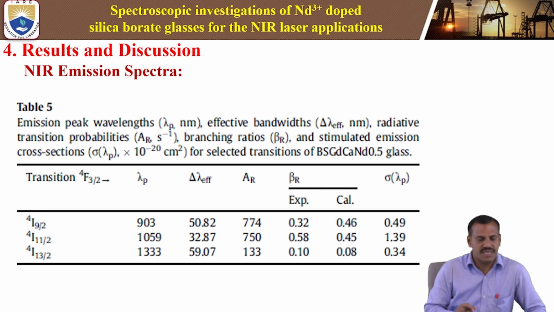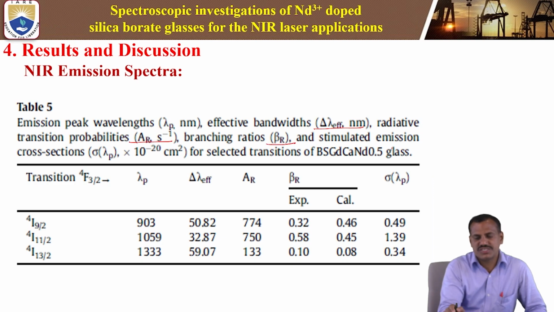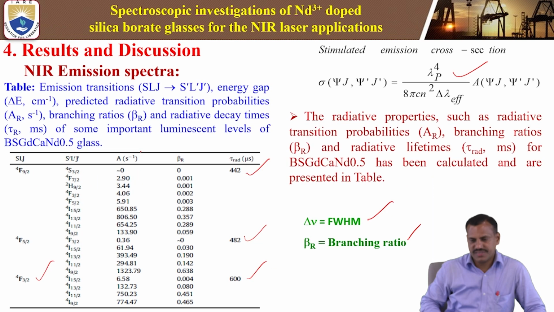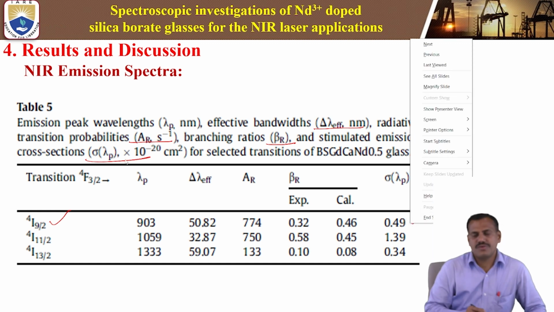This table shows the emission peak wavelength lambda p, the effective bandwidth delta lambda effective in nanometer, the radiative transition probability A_R, the branching ratio beta_R, and the stimulated emission cross section. Using this formula, we calculate the sigma values. These are the important transitions of the Nd3+ doped gadolinium calcium silica borate glass. For the 4F3/2 to 4I9/2 transition, we observe a stimulated emission cross section of 0.49 times 10^-20 centimeters squared.